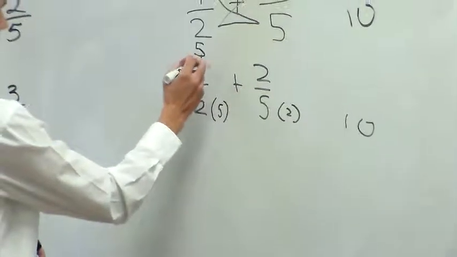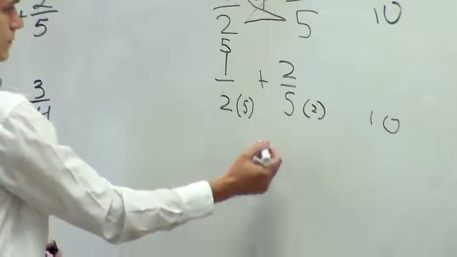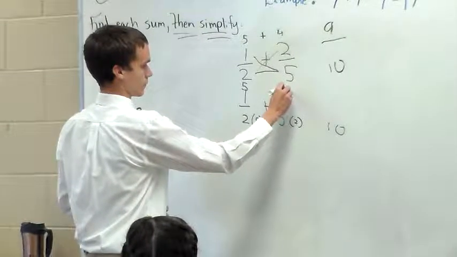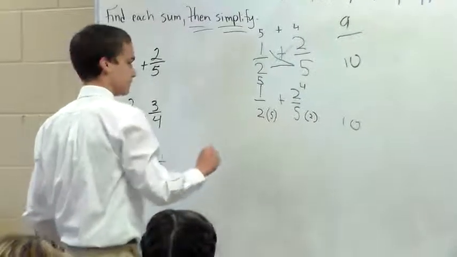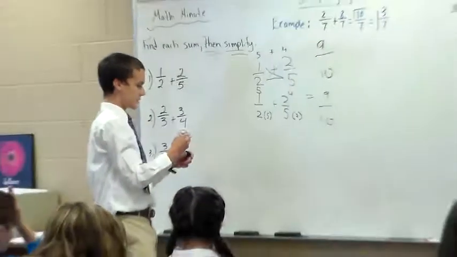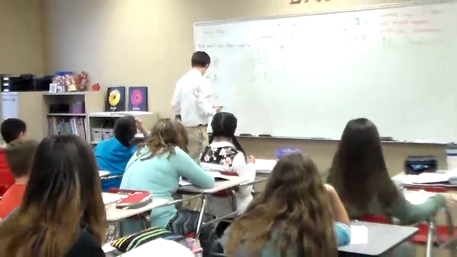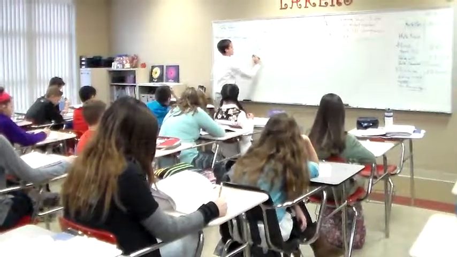Times 5, so that'd be 5, and then this one would be 4. Yep. Y'all get the same answer. So most of y'all did the TP method on this one. Either one is fine. So good job on that one.